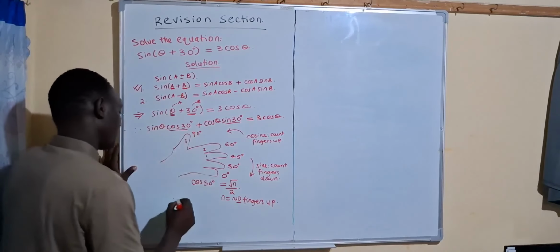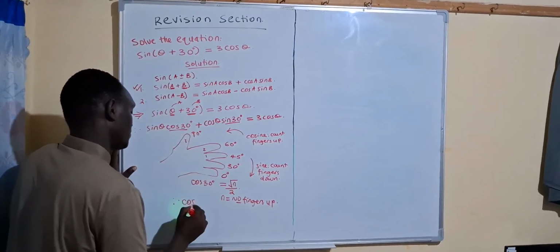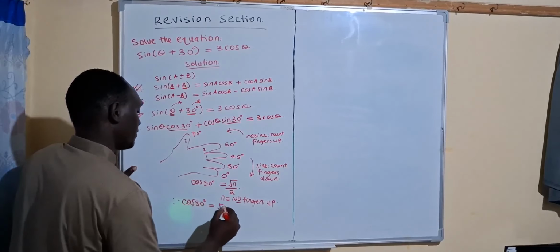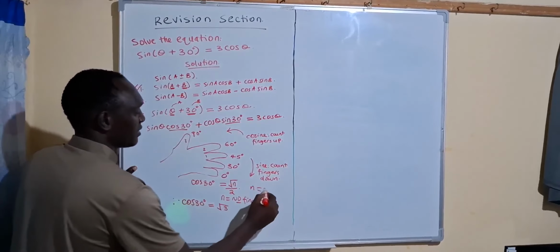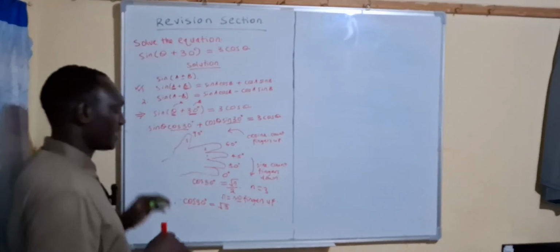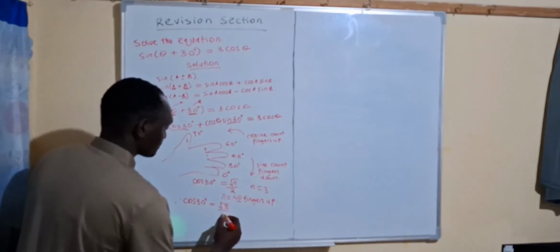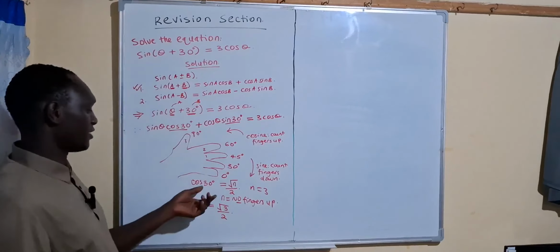So cos of 30 degrees becomes root of n out of 2, and our n is 3, because there are 3 fingers above the angle we are looking for. That is for cosine of 30.